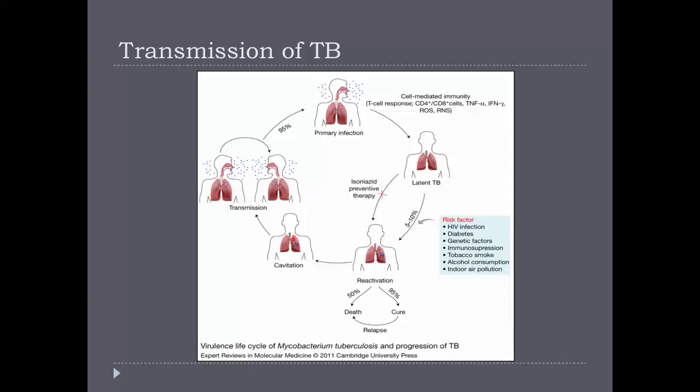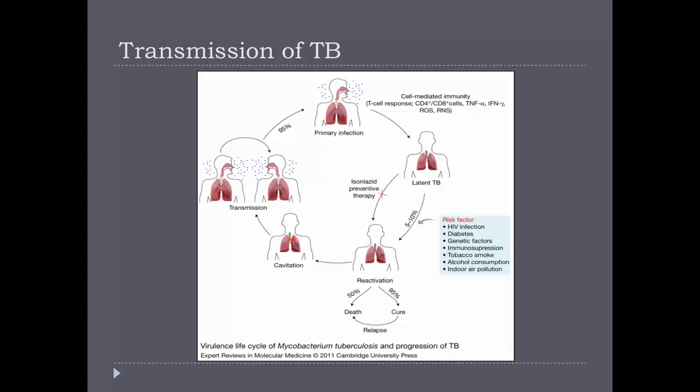If you survive the disease, you may be able to do what's called cavitation, in which your immune system will cause a capsule around the bacteria to prevent it from being able to transmit. If that capsule bursts, you can get reactivation of the disease, and then you can actually transmit the disease during that time period.